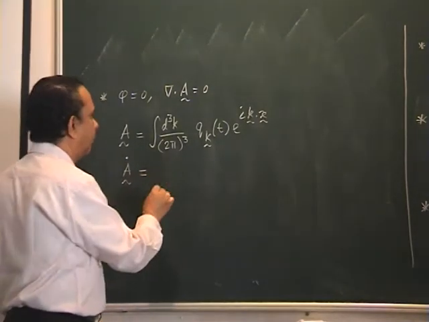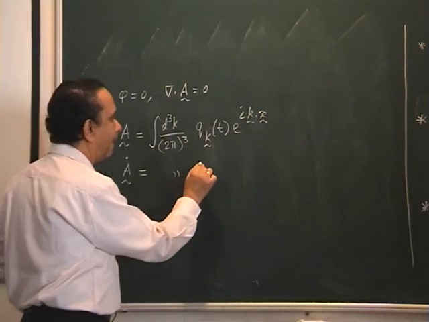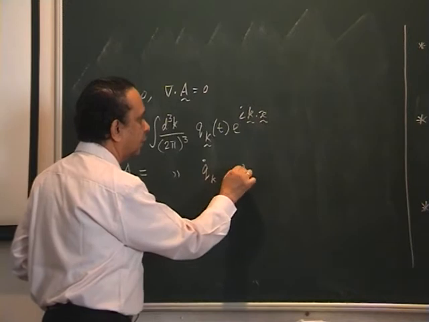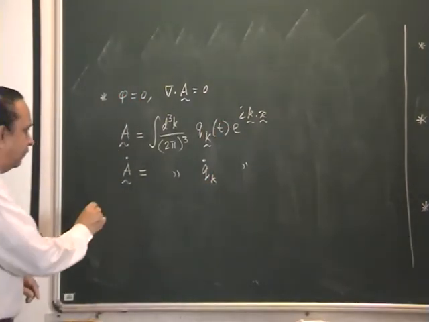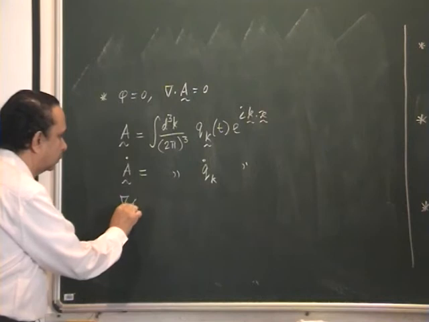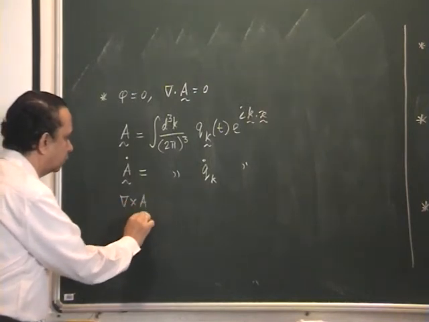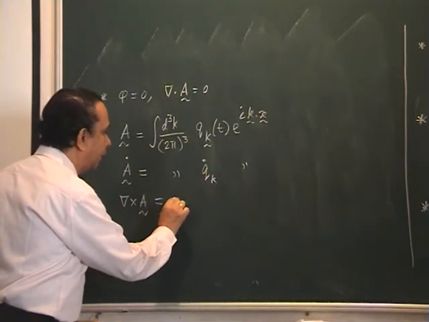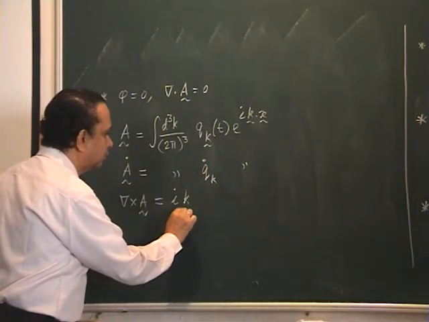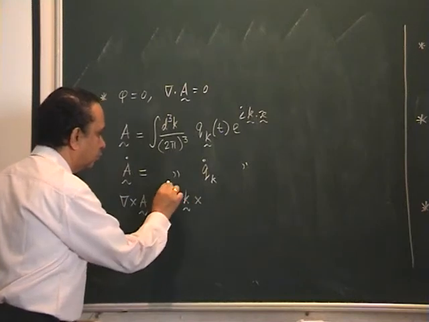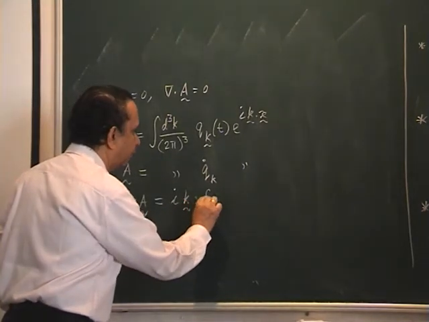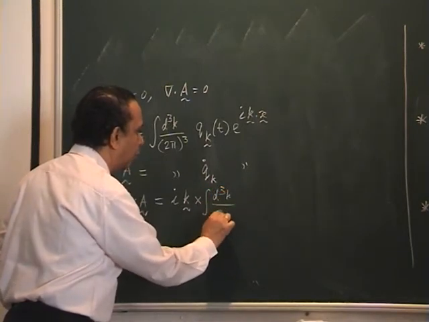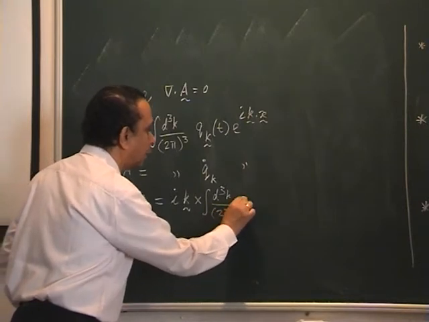A dot is going to be the same thing, q_k dot. And curl of A is going to be i k cross this quantity, d^3k over (2π)^3, q_k(t) e^{i k·x}.